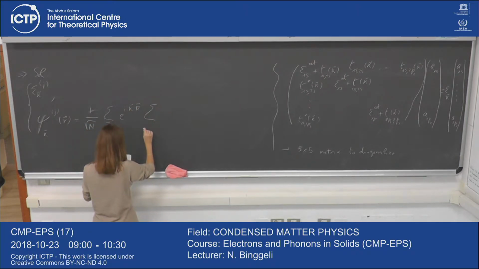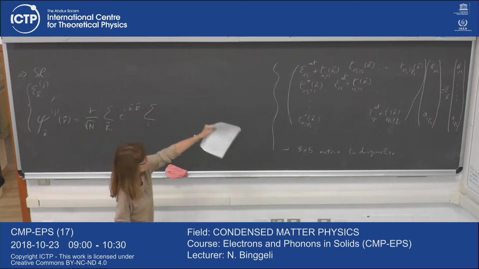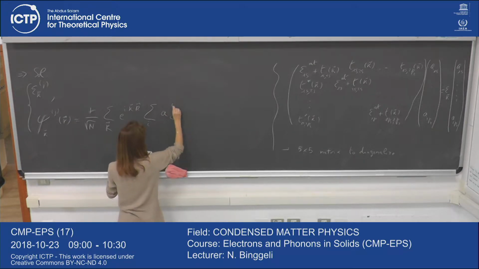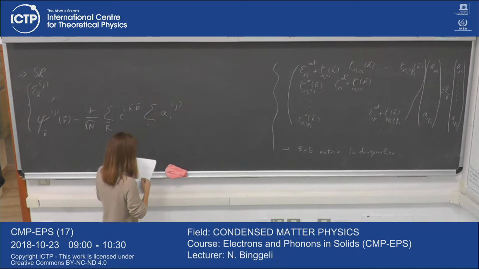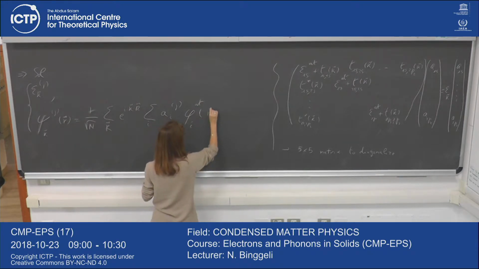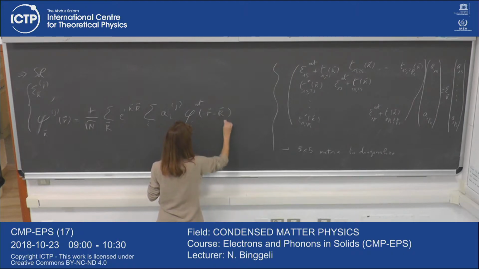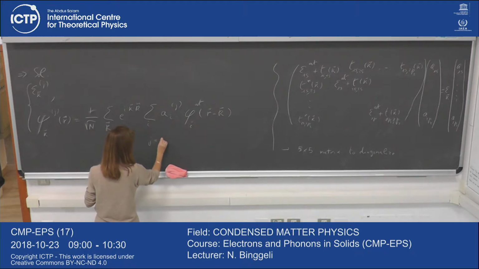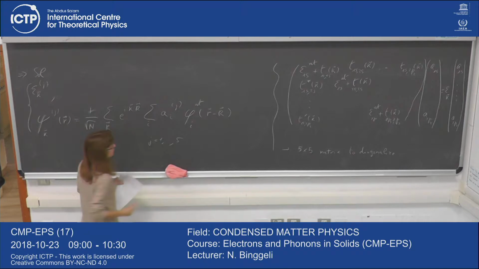and then one sums over the coefficients from the eigenvector solution, so A i for the eigenvalue J, phi atomic i of r minus capital R, and this is for J equal 1 to 5, since I choose 5 basis functions, atomic basis functions.